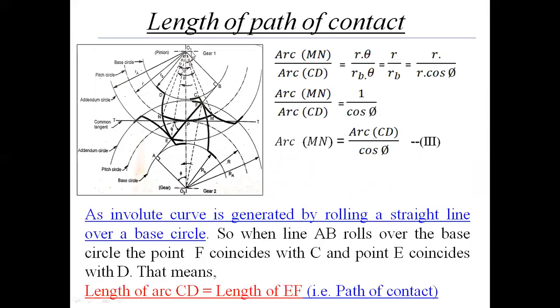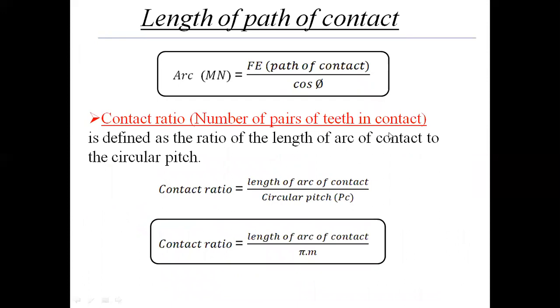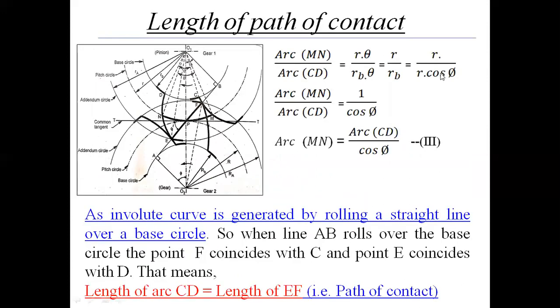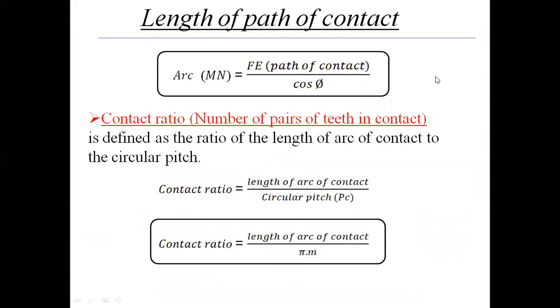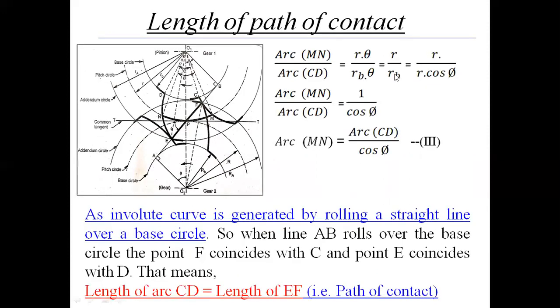This radius is O1B, and O1P is nothing but the pitch circle radius R. So the value of RB becomes R cos phi.